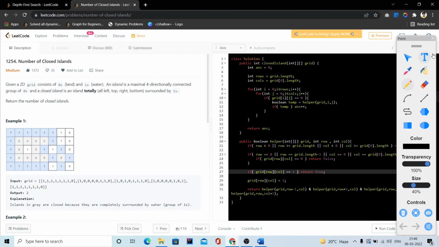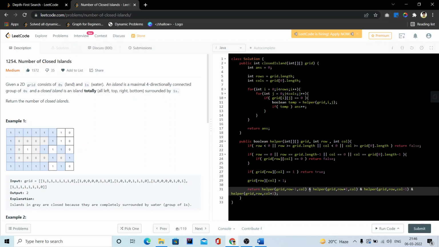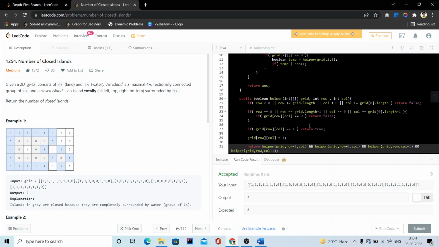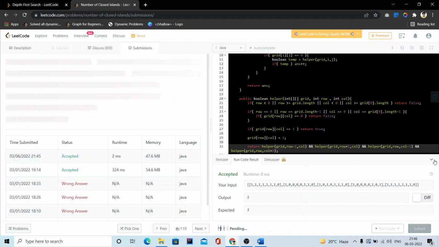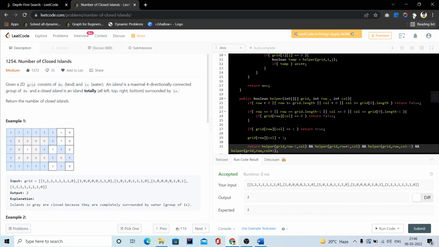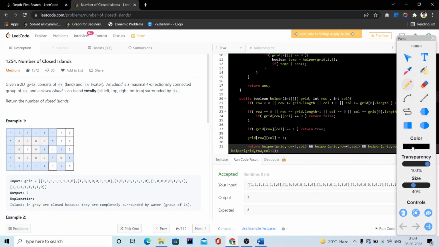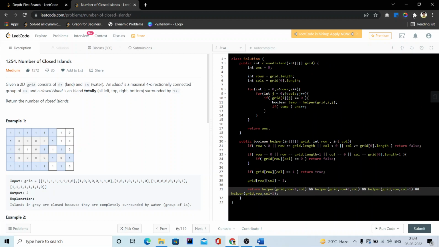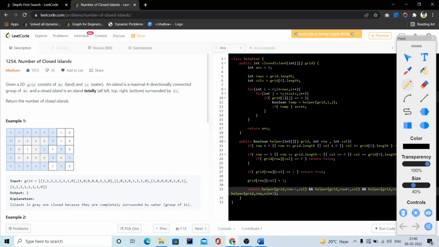let's say we use double and over here instead of a single and. It would pass the test cases, but it would fail. Why would this fail? Let me explain. So what this thing does is, when we are applying the helper method, let's say we got a false.